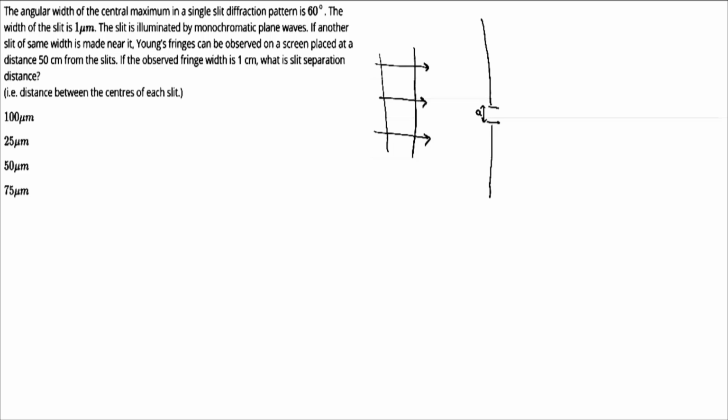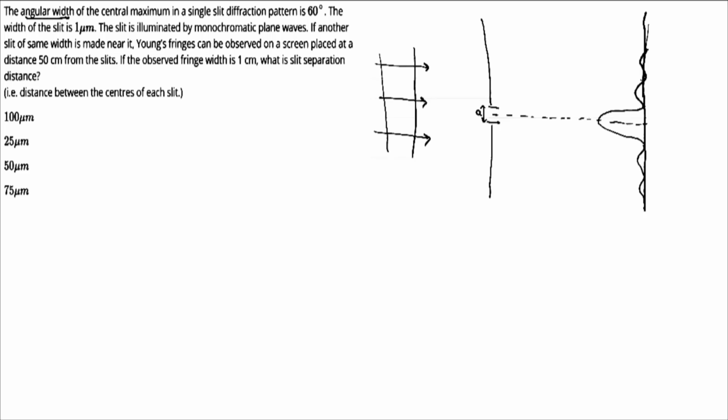We have a screen, and on this screen we are getting the maxima, and from this the minima, where again the intensity decreases, and we get a diffraction pattern like this.